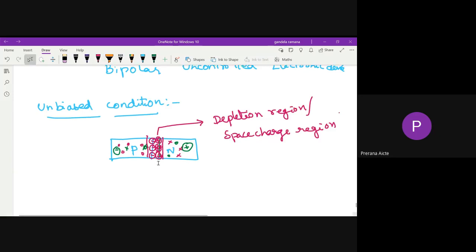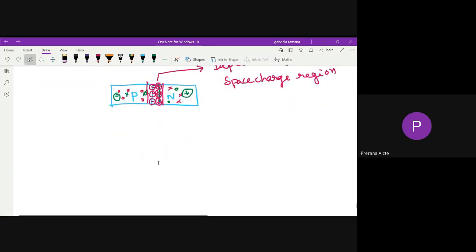This depletion region acts as a barrier. It will not allow the flow of holes from P side to N side and electrons from N side to P side. The order of the depletion region width is 0.5 micrometers. Then there is the barrier height.